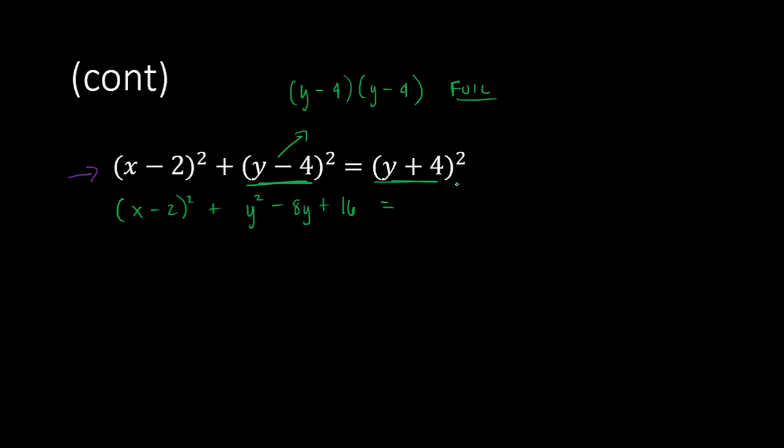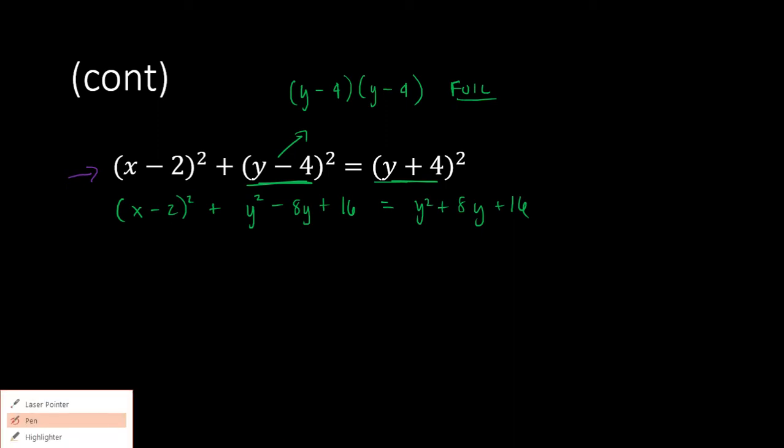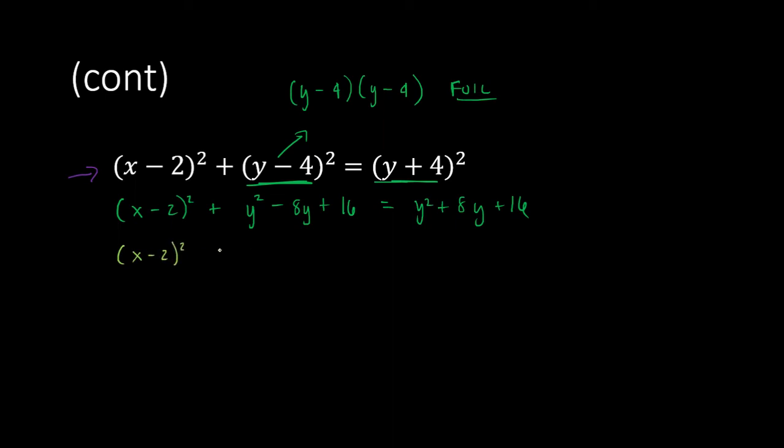Alright, I'm going to do the same thing to this term. I'm going to expand it. Okay, so I've got all my y's expanded, but I left x alone because I don't really care about x right now. Now I combine like terms. Y squared, I'm going to move the y's to the right hand side. So my y squareds, as you can see, drop out altogether. If I subtract 16 from both sides, those drop out altogether.